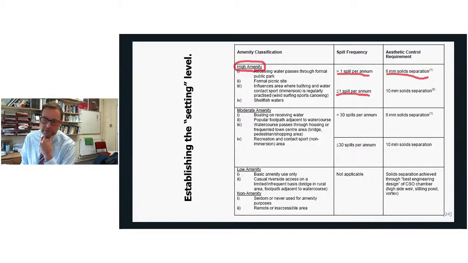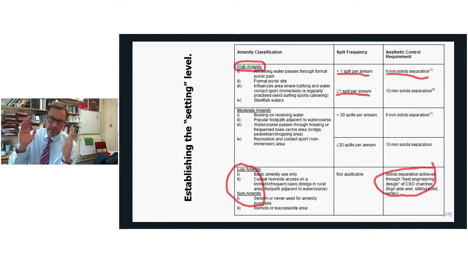And that goes down to low amenity or no amenity watercourses, where removing solids using so-called best engineering design, so that's the baffle plates we spoke about a few slides ago, is adequate. So that's what it says on this chart here, but the vast majority of CSOs now do have screens on them of some sort.